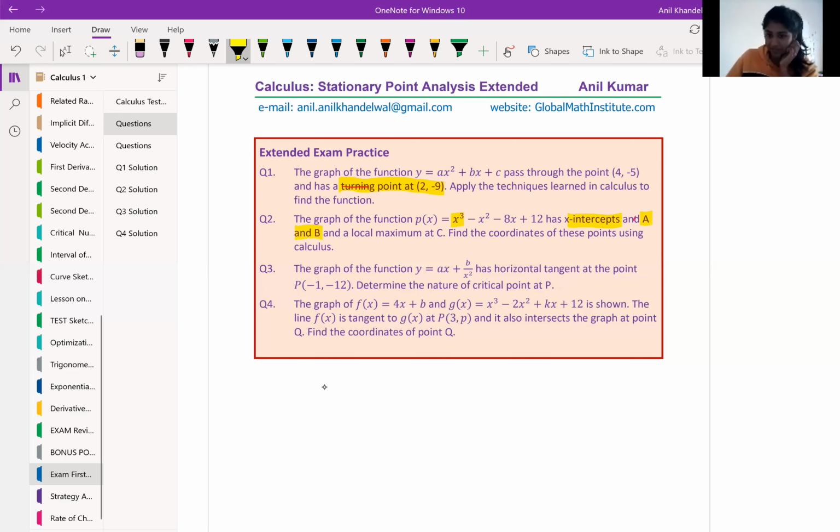Right? So the question makes things simple for you. It says that at A and B, so that means there are two x-intercepts and not three. If you continue with this question, you will figure out that there are actually two x-intercepts. So beginning with three is not a bad idea.